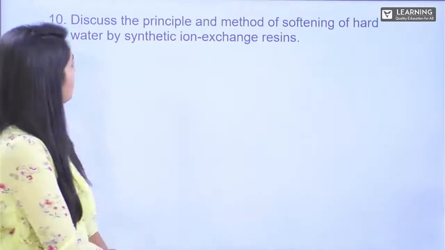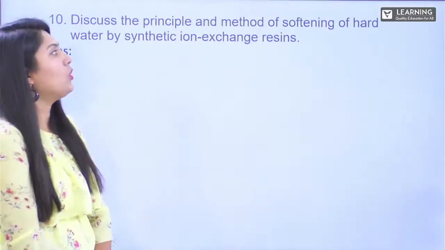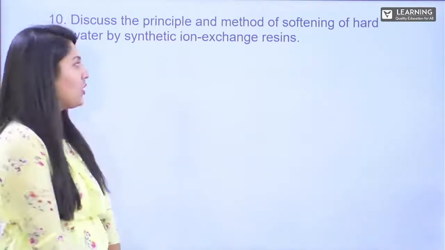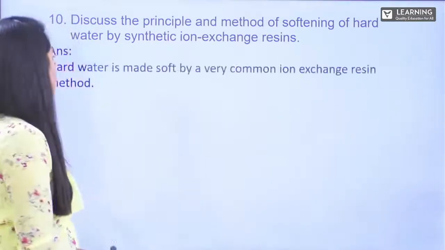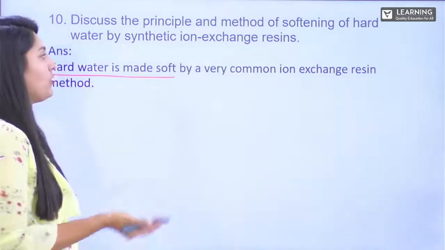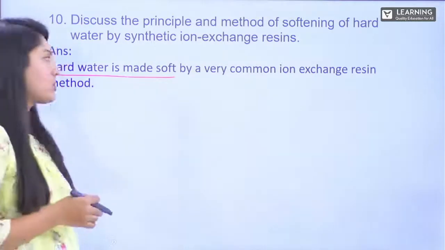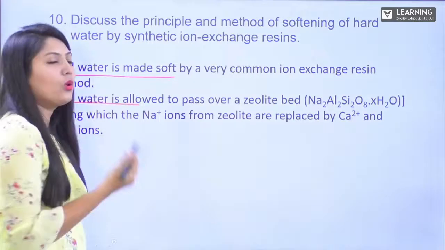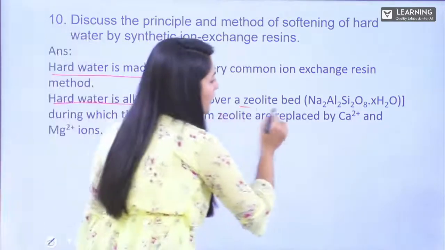Last question, discuss the principle and method of softening of hard water by synthetic ion exchange resins. So here hard water is made soft by the very common ion exchange method. What happens here? The water is allowed to pass through a zeolite bed.